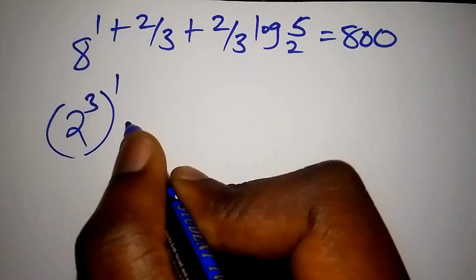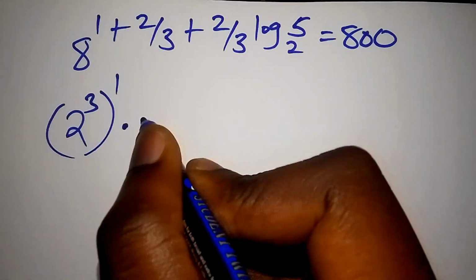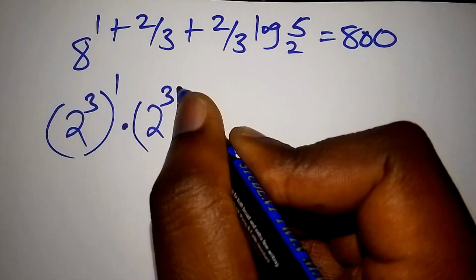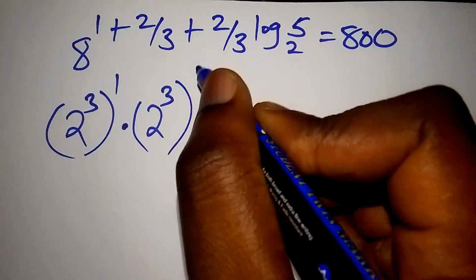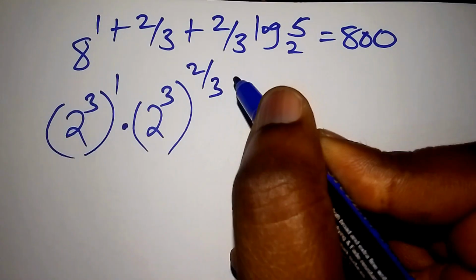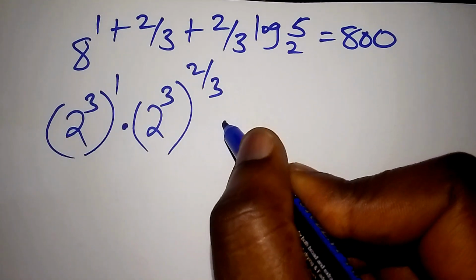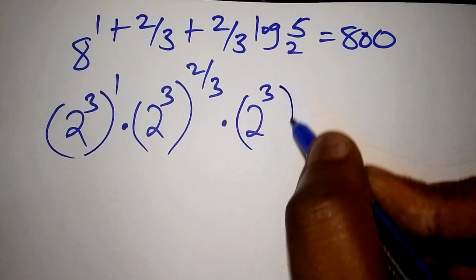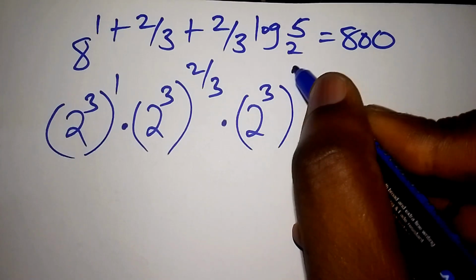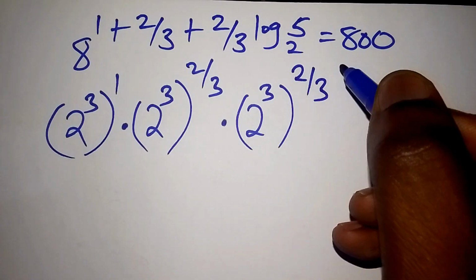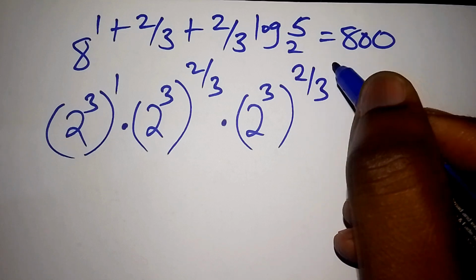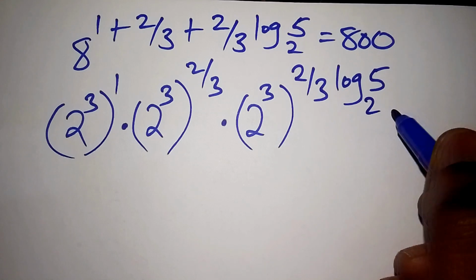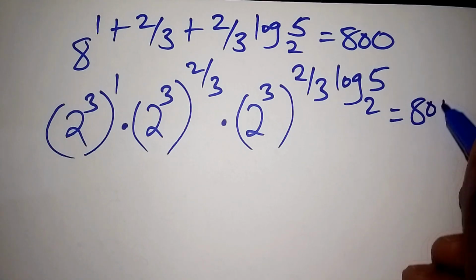The plus means multiplication, then 2 to the power of 3 to the power of 2 over 3, then multiplication again, 2 to the power of 3 to the power of 2 over 3 times the log of 5 to the base of 2, equals 800.